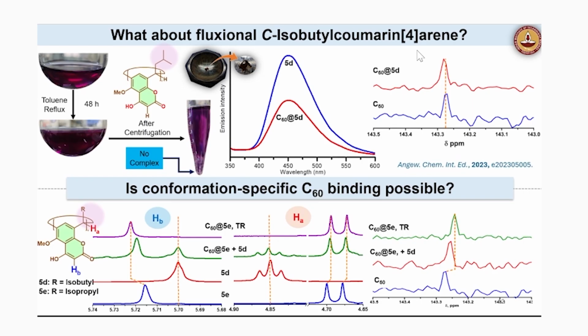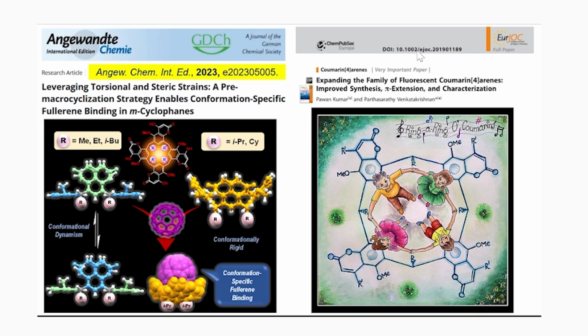Okay, so this was published in this journal as a cover page, and this was a picture that we made to say that this has a conformational dynamism, right? And if you put fullerene, this also put in fullerene, mix them both and then complex with fullerene, only this captures fullerene and not this. So conformational rigidification, textbook chemistry that we learned, right, from 12th or BSc or MSc, whatever, is now put to application.